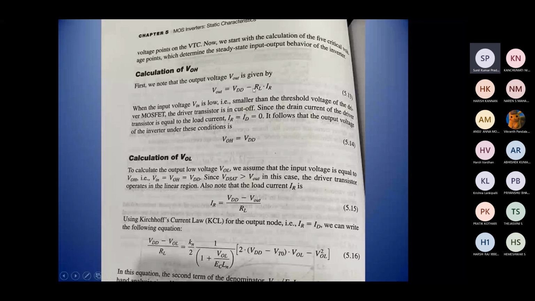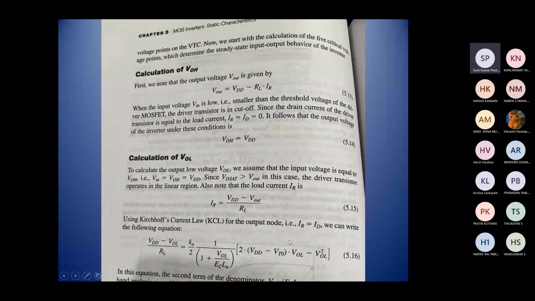So Kn divided by 2, times 1 divided by 1 plus VOL divided by the channel length term, times 2 into VDD minus VT0, times VOL, minus VOL square. VDD is the supply voltage, VT0 is the threshold voltage, and VOL is the output low voltage.